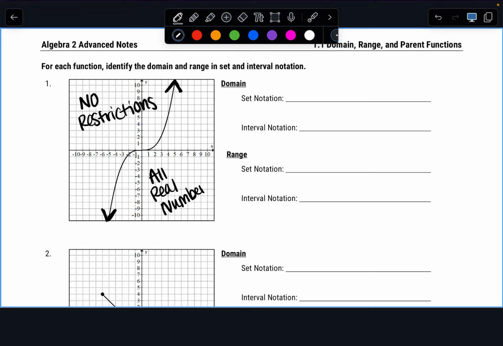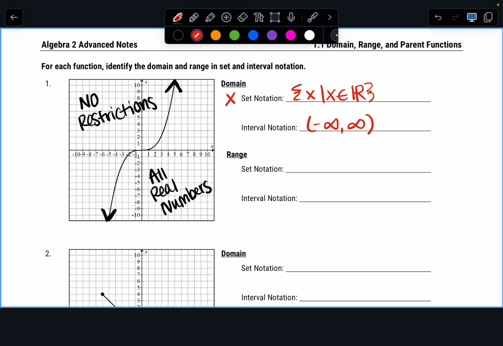And so for domain, remembering that domain is our x-axis, for set notation, I'm just going to say x such that x is an element of all real numbers. And if you're ever writing all real numbers in interval notation, every single time it's going to be negative infinity to positive infinity.